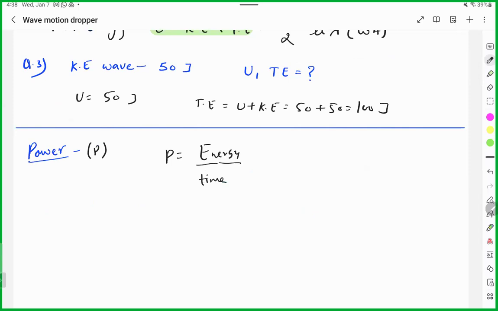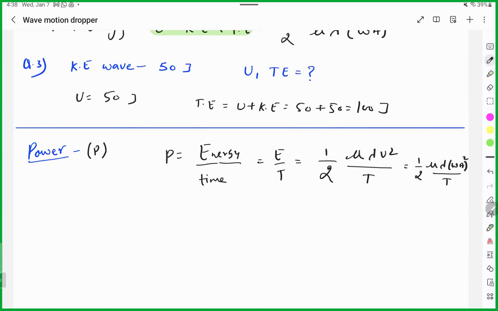So this is E by T. In this situation, what is the total energy? 1 by 2 nu lambda V square divided by time, or 1 by 2 nu lambda omega A whole square divided by time.